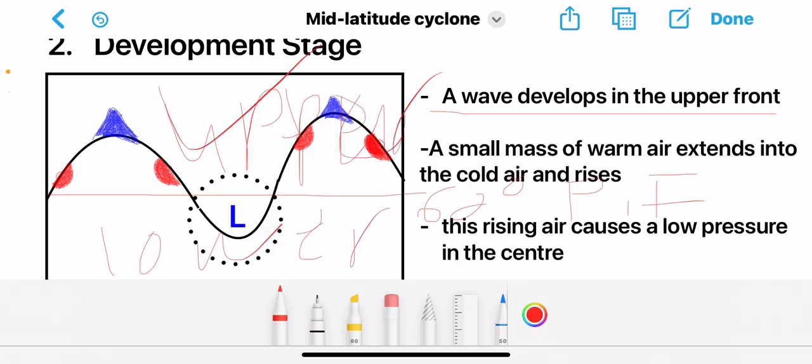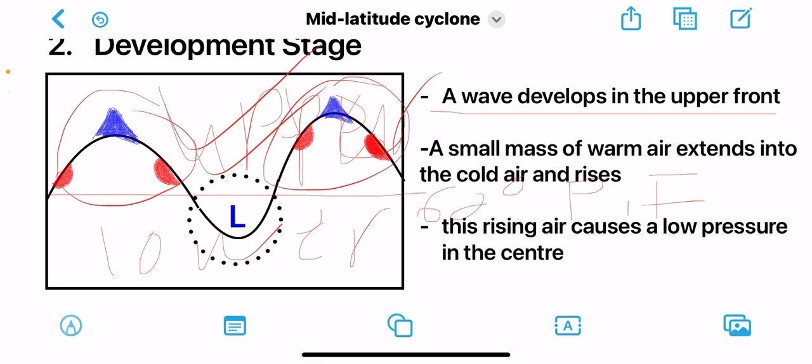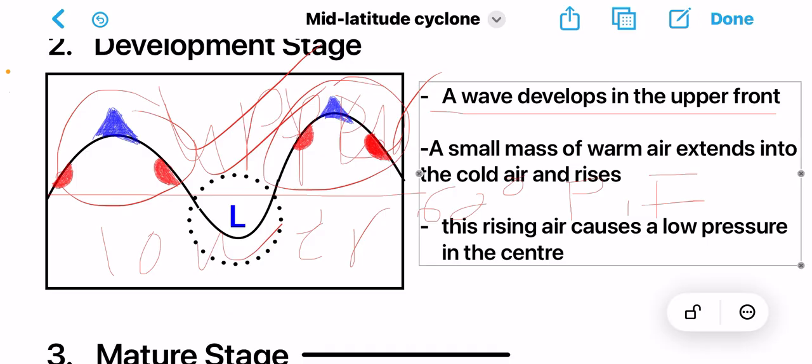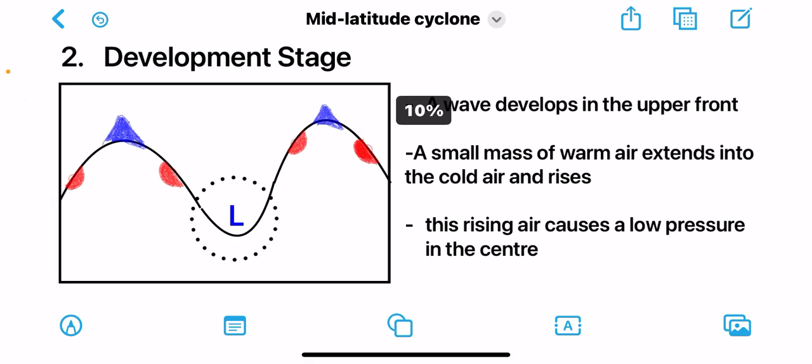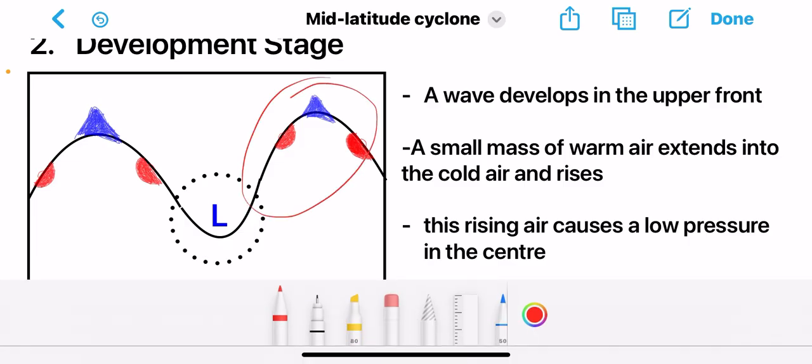In the upper side here, we have a wave which develops. When this wave develops in the upper front, a small mass of warm air extends into the cold air and rises.